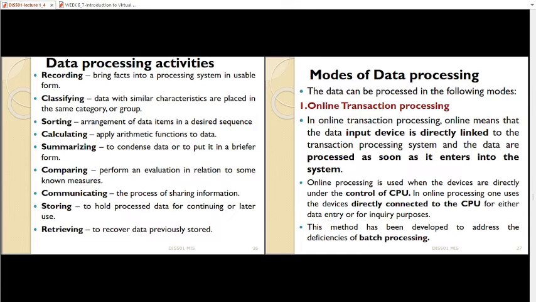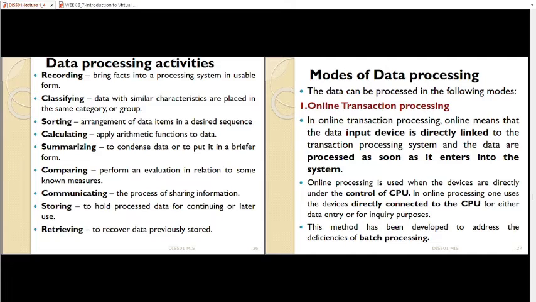We have online transaction processing. Here, online means that the data input device is directly linked to the transaction processing system, and the data is processed as it enters the system.